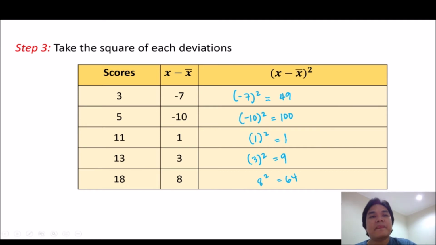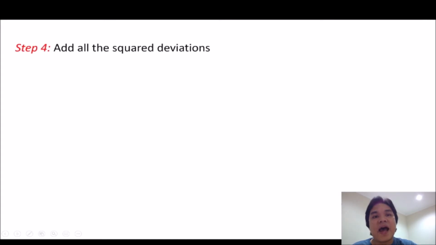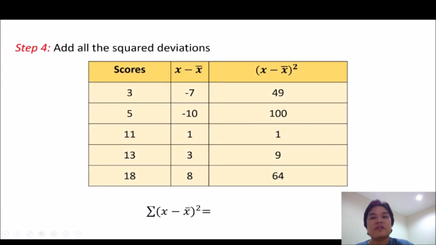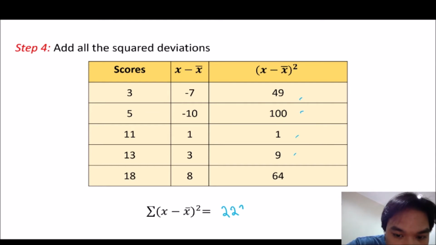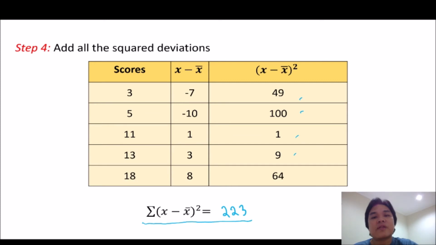After we take the square of each deviation, what we will do next is to add all the squared deviations. So 49 plus 100 is 149, plus 1 is 150, plus 9 is 159, plus 64 is 223. So the sum of all the squared deviations, or the summation of x minus x bar squared, is 223.